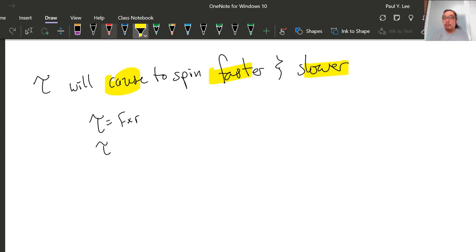So as you remember, having an object spin faster or slower is the idea of acceleration. But because we're in the rotation unit, we're going to use alpha, right? So rotational acceleration. So the other version of torque, which we will focus on in a different video, is I alpha. Okay, so if we were to combine these two formulas together, we will get F cross R is equal to I alpha.